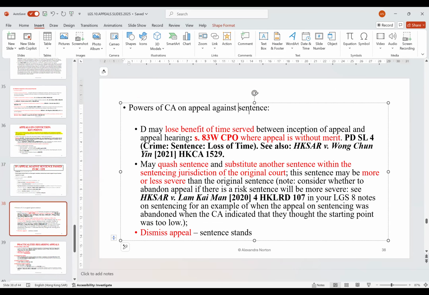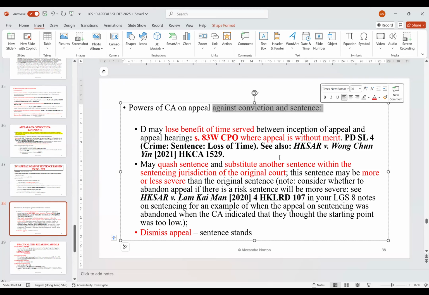Now, actually, I'm going to amend this first bullet point on the next slide, because it should say powers of the court on appeal against conviction and sentence, okay? A defendant, if his appeal is without merit and he's appealing to the Court of Appeal, may lose the benefit of any time served between the date on which he files his appeal and the date of the appeal hearing.